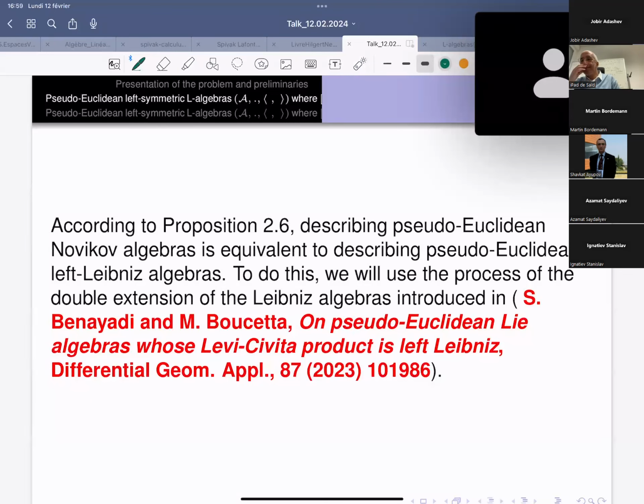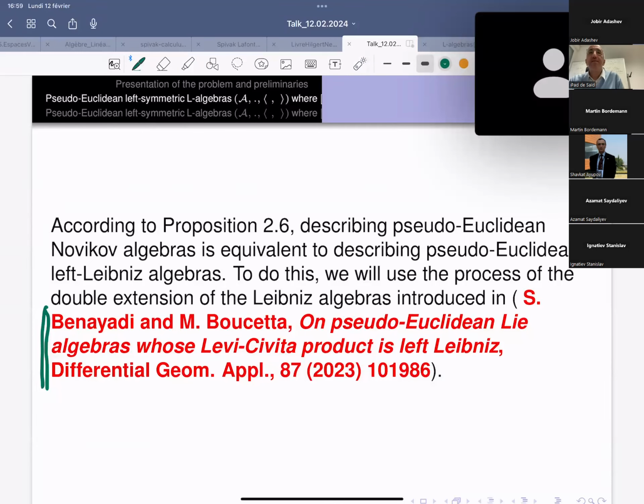To do this, we will use the process of double extension of Leibniz algebra. We introduced the process of double extension in this paper. But here, using just a simple case of this double extension.